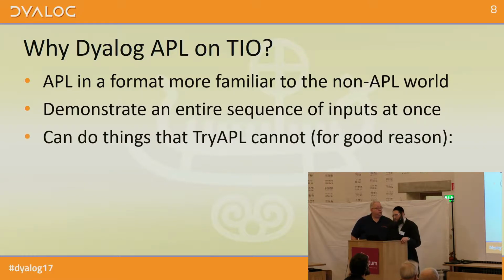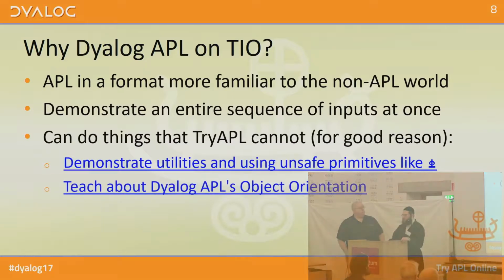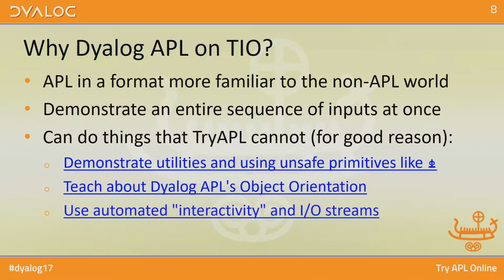And of course, for good reason, TryAPL has its restrictions, but Try It Online can do pretty much anything. Really, the only restrictions are you can't do graphical stuff, because it's like in a terminal, and you cannot go online. But sure, you can go in and erase files on the file system, and you can do parallel processing and spawn off new processes and make calls to other languages that are on Try It Online.